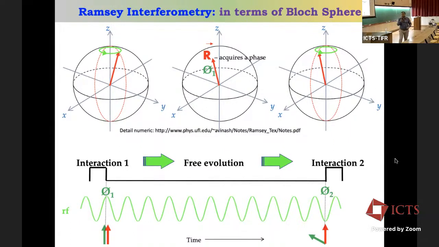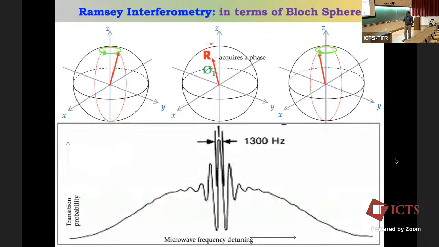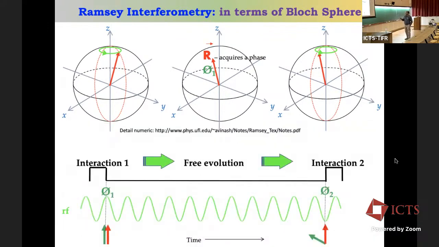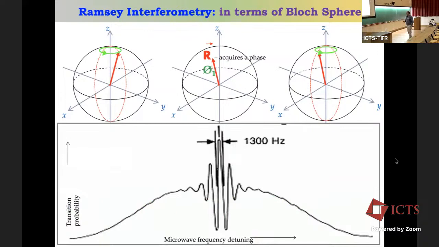And by the way, if you want to go to the mathematical thing, you can look into this reference. Then what will happen? Let's say this is one of the Rabi oscillations or something like that. It will further split into multiple fringes. That's what interference does.